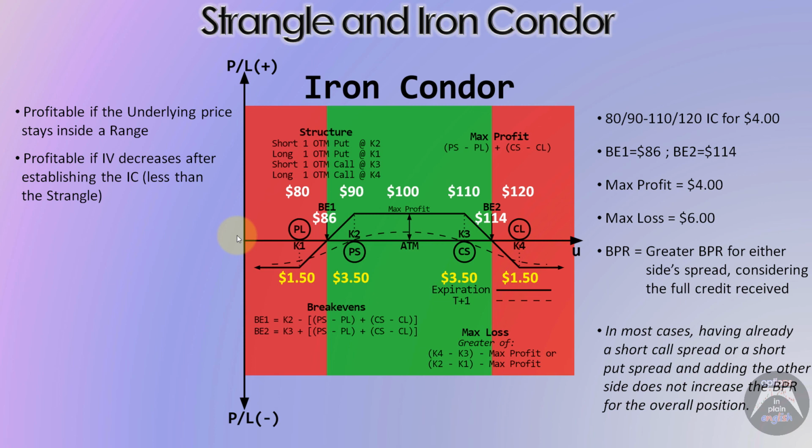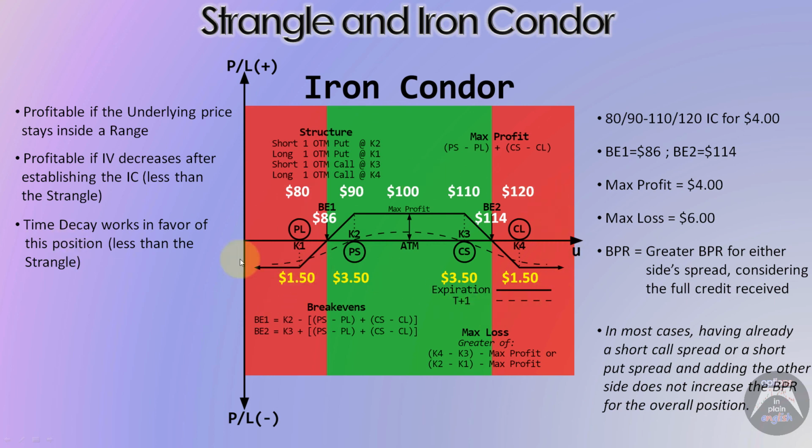Because of this, an Iron Condor does not benefit as much as a Strangle from IV going down. Same with theta, same with time decay. Time decay works in favor of this position, but to a lesser extent than it does for the Strangle. Why? Because again, you have short options that are benefiting from it, but you have long options that are being hurt by time decay.